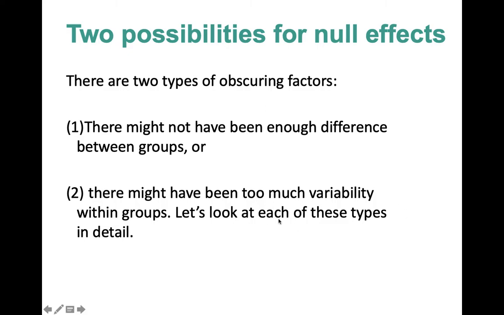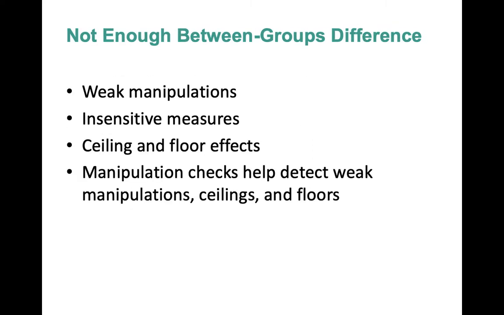Oh, sorry, a little sloppy there at the number 2. That's fine. All right. So this first reason is that we have a null result because there's not enough difference between our groups, our experimental conditions. And this might occur for a couple different reasons.